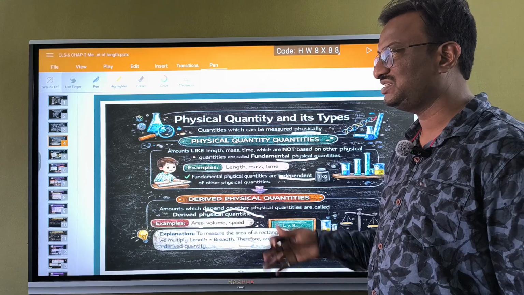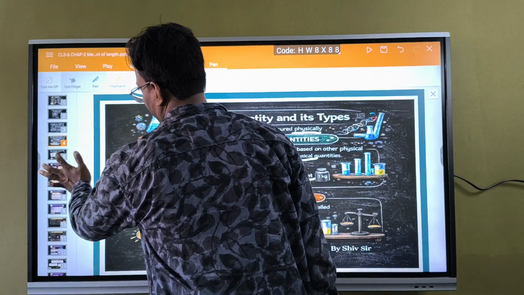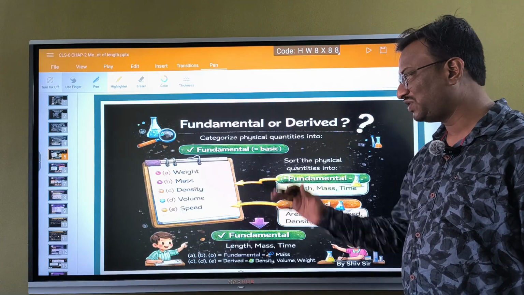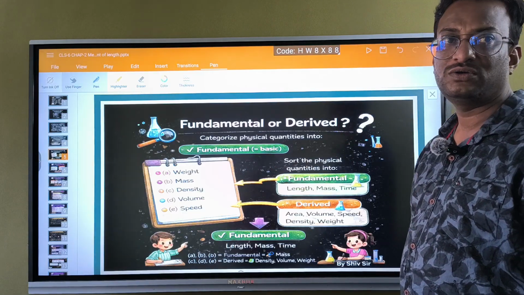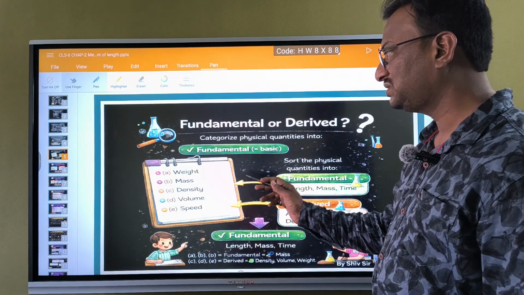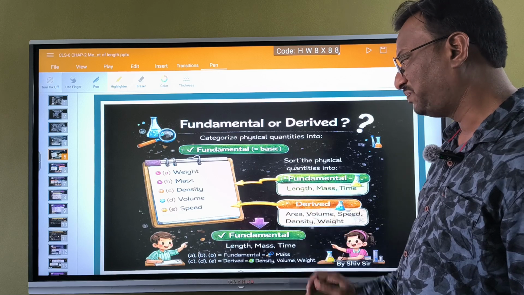Likewise, we are going to get many things. Now, fundamental or derived quantities. We have a few quantities here and we have to differentiate which one is fundamental. See here: weight, mass, density, volume and speed.